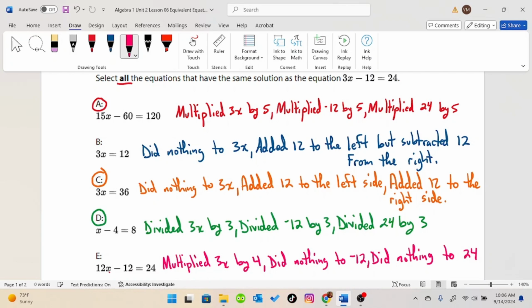This is not an equivalent equation. They made one part of the left side 4 times larger, but they left the other part of the left side the same, and they left the right side the same. So E is not a correct answer.